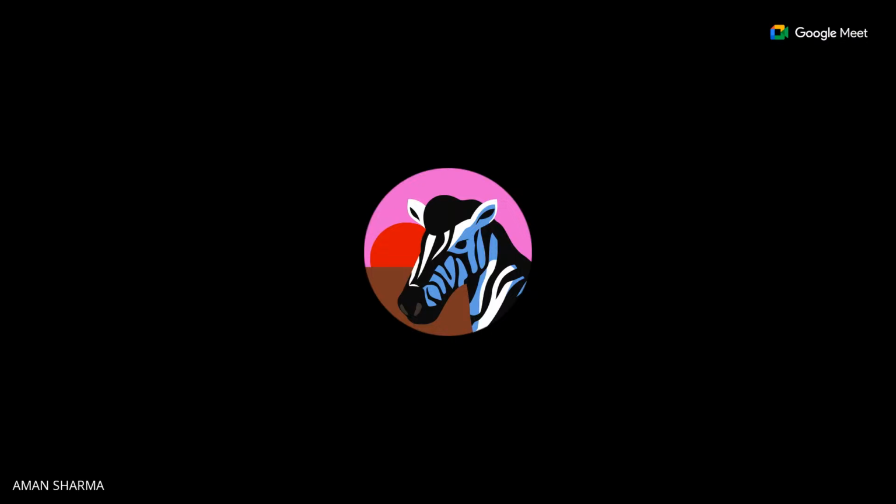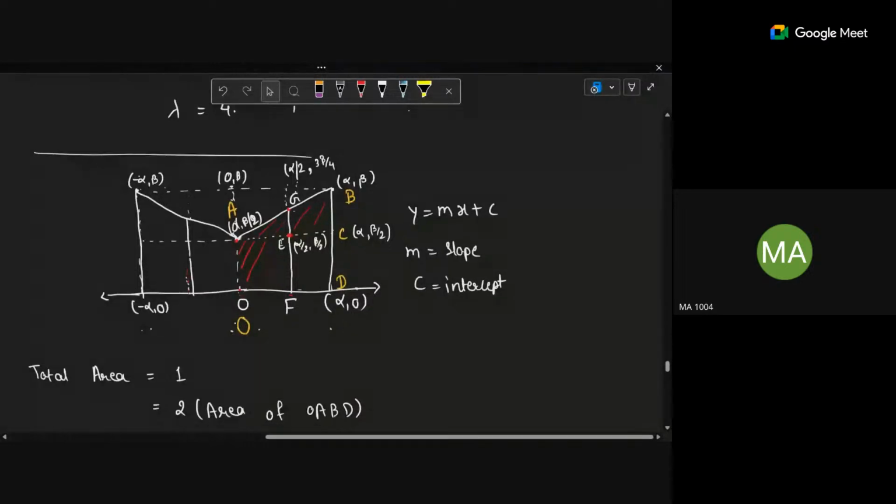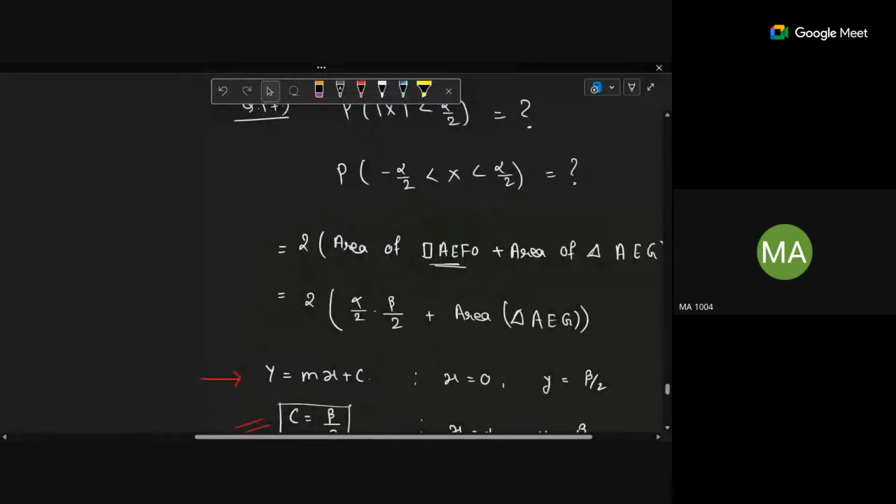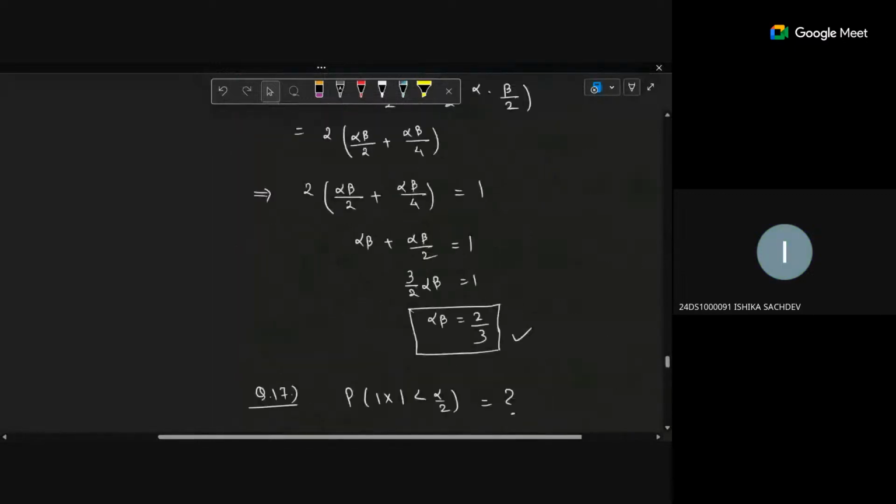This is quite time consuming, so we might lose a lot of time in the exam. Is there any other option? This is not the only way by which you can calculate it.